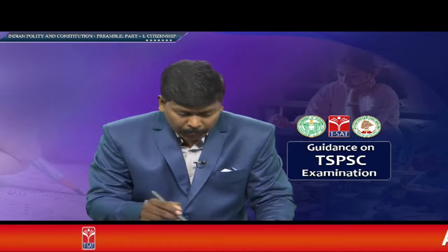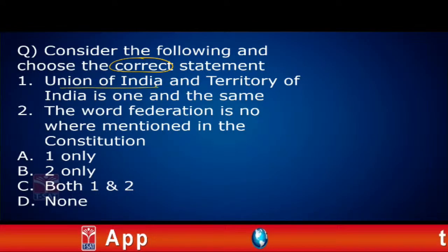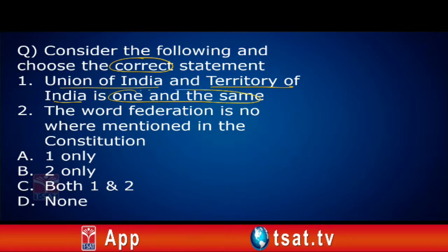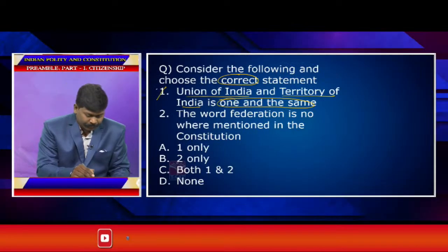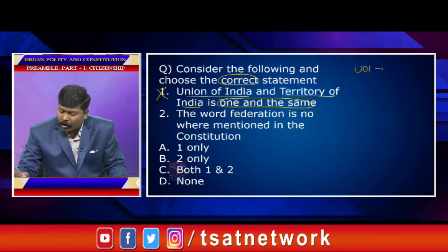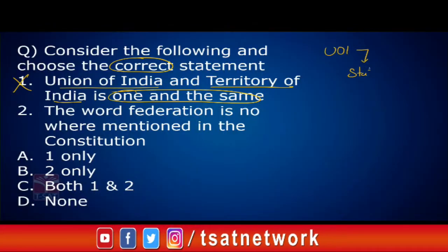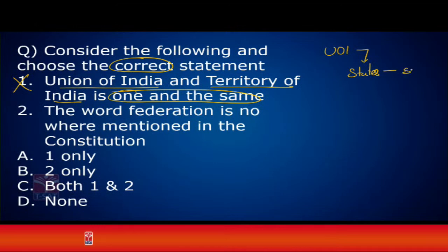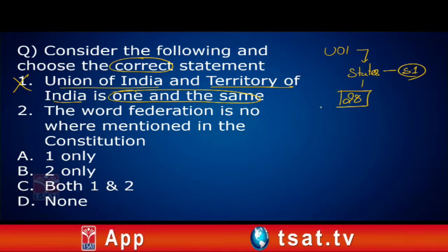Now look at this. Union of India and Territory of India are one and the same. Absolutely wrong. Because what is Union of India? We all know those states which are part of Schedule 1 of the Constitution. There are 28 states in India. Then what is Territory of India?